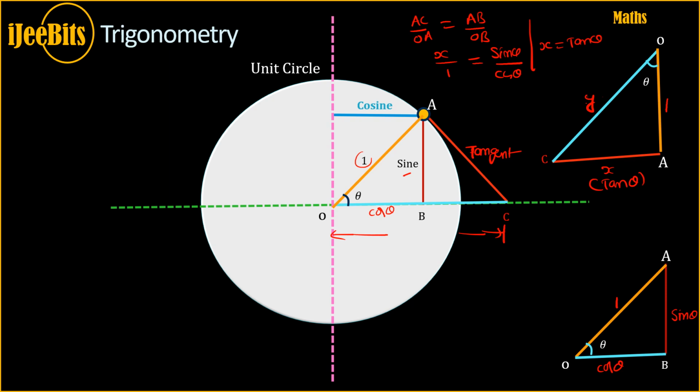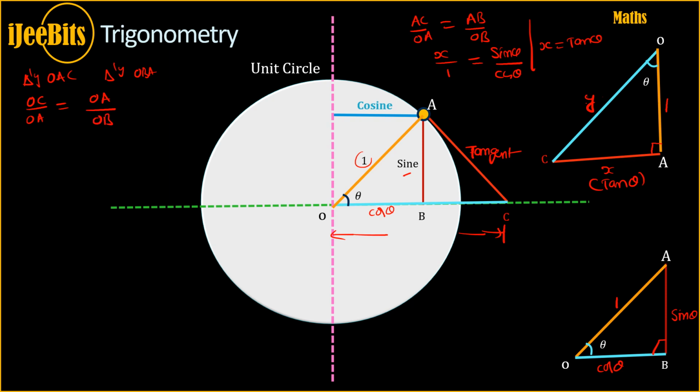From triangle OAC, because this is a right angle triangle, OC by OA equals, from triangle OBA, the hypotenuse OA over the adjacent OB.